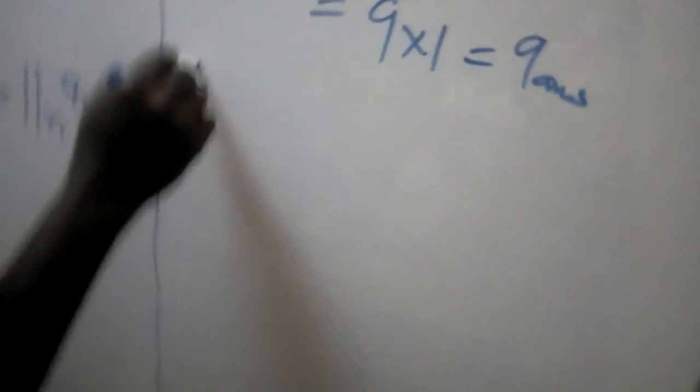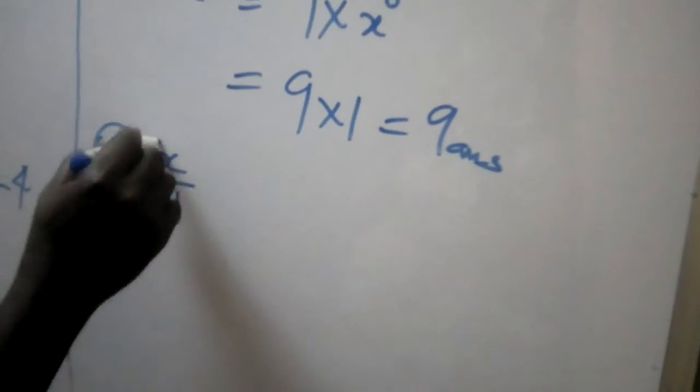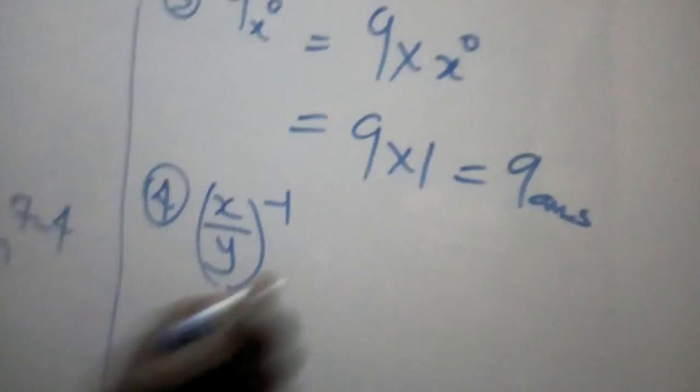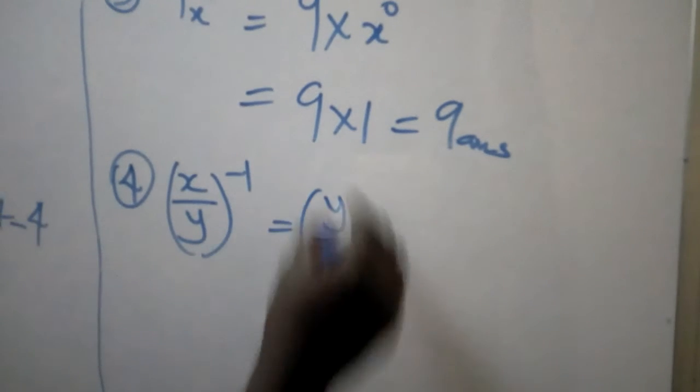Then the fourth law says that if you have x over y inverse, this is the same thing as y over x.